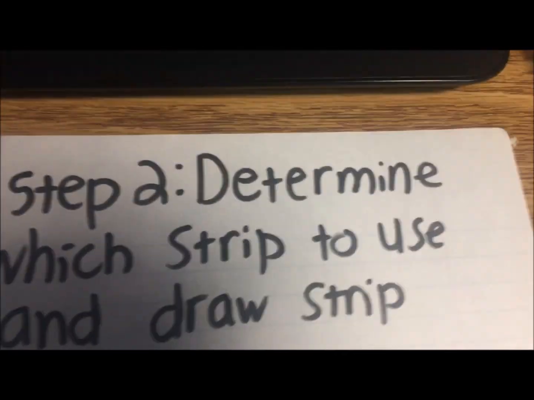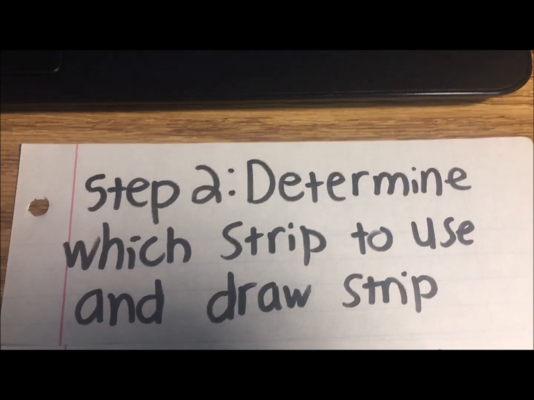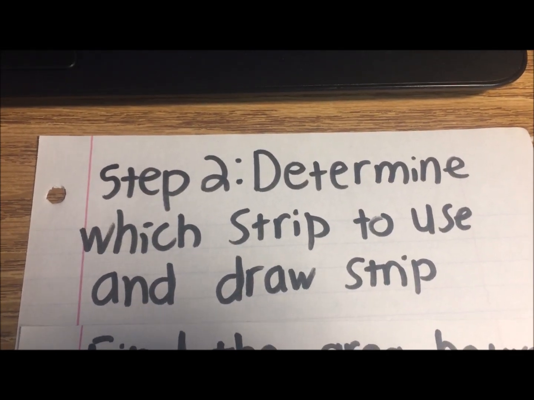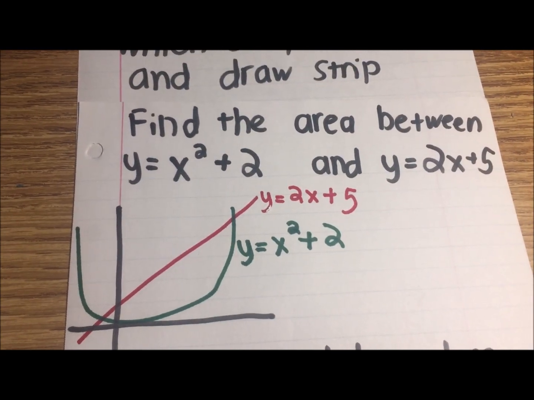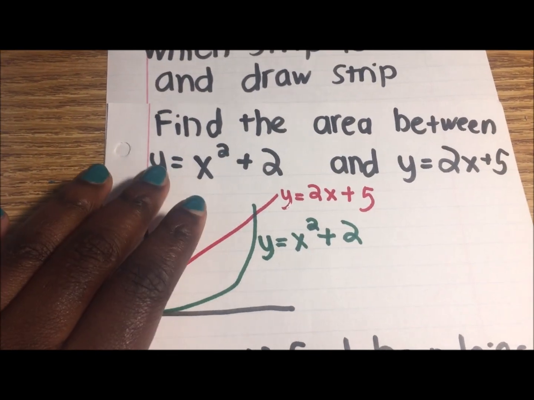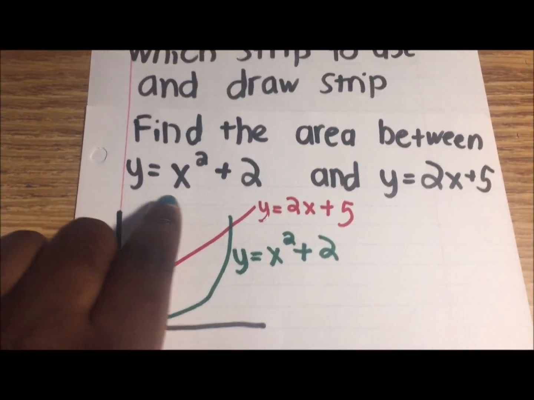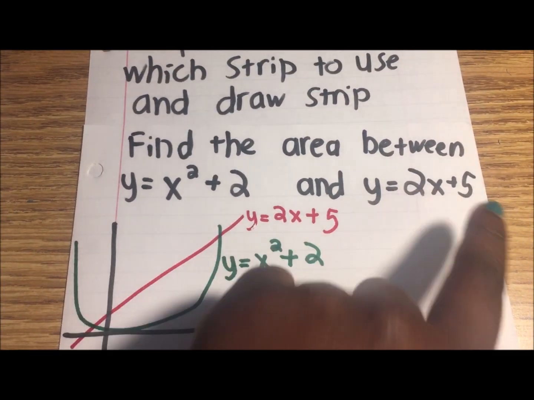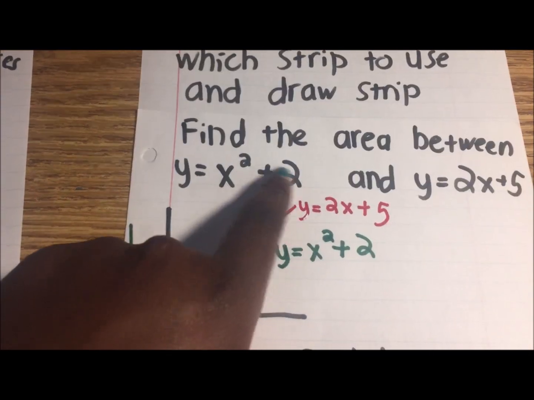Alright, so let's do step 2. Now we're going to determine which strip to use, whether it's vertical or horizontal, and we're going to draw the strip. The question says find the area between y equals x squared plus 2 and y equals 2x plus 5. As you can see, it's y equals something about x.